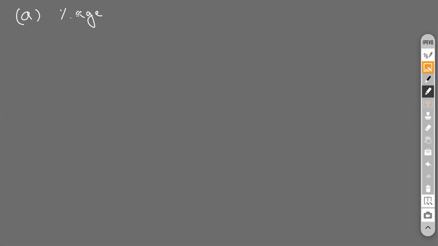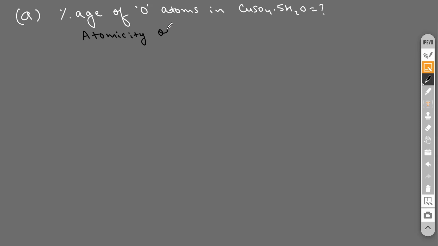We have to find percentage of O atoms in CuSO4.5H2O, right? So we'll first write the atomicity of O in CuSO4.5H2O. So number of O atoms here is 4 plus 5, which is basically 9.